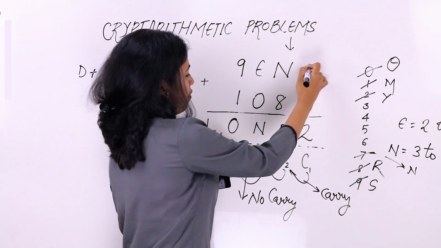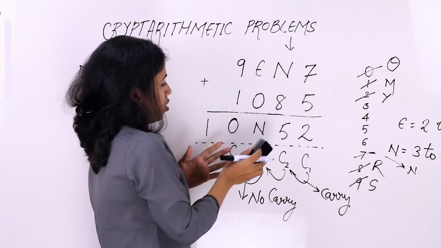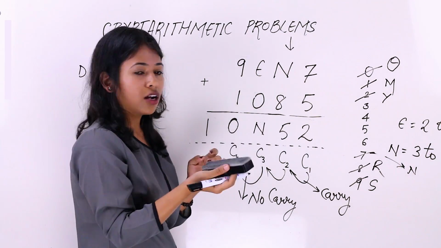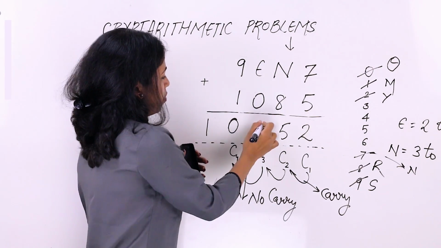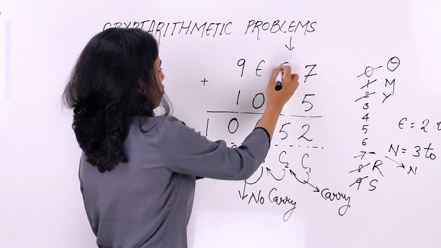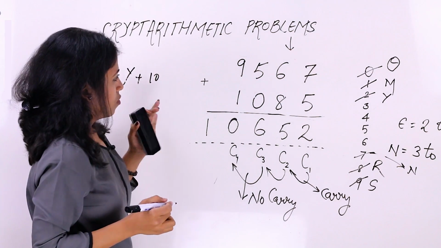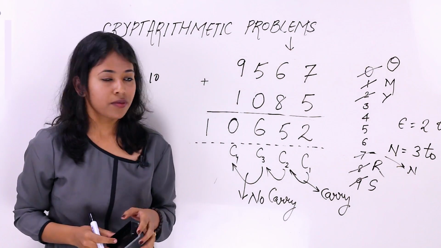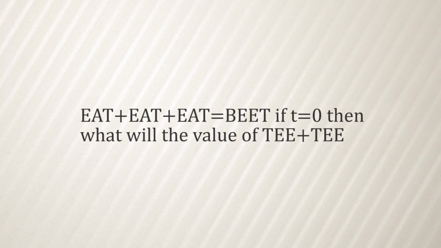D will be replaced with 7. And we know that E and N are consecutive numbers, where N is 1 more than E. So this will become 6. Yeah, so this is the final answer with all the variables having their respective values.